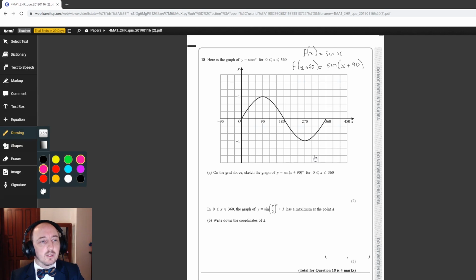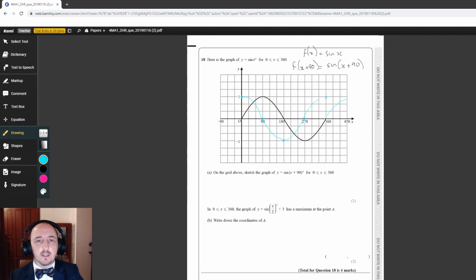So this 90, 1 will become 0, 1 because we've moved it 90 to the left. And we're going to do the same for each of the points here. The last one, 360, this graph repeats itself like that. So we're just going to repeat ourselves there, and sketch in the curve.